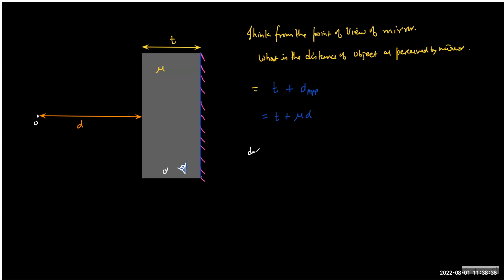So the distance of the object in the frame of the medium, same as the mirror, with respect to the mirror will be how much?